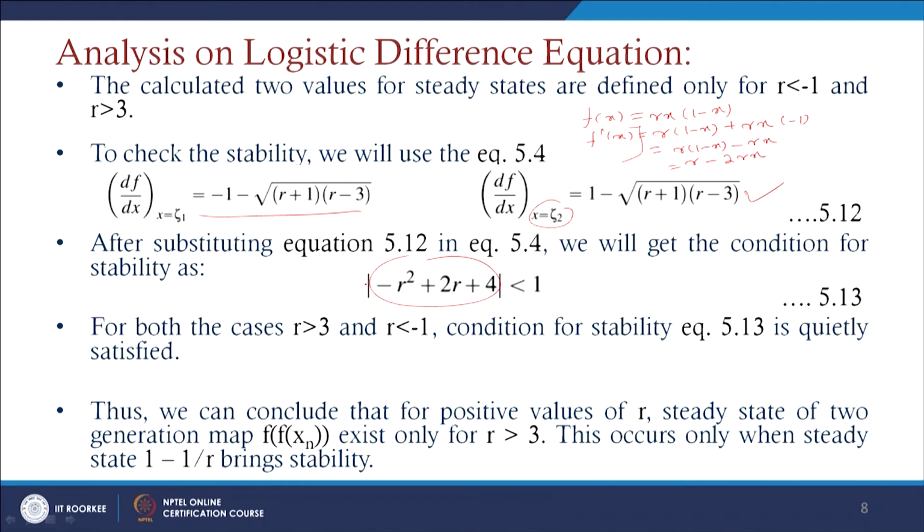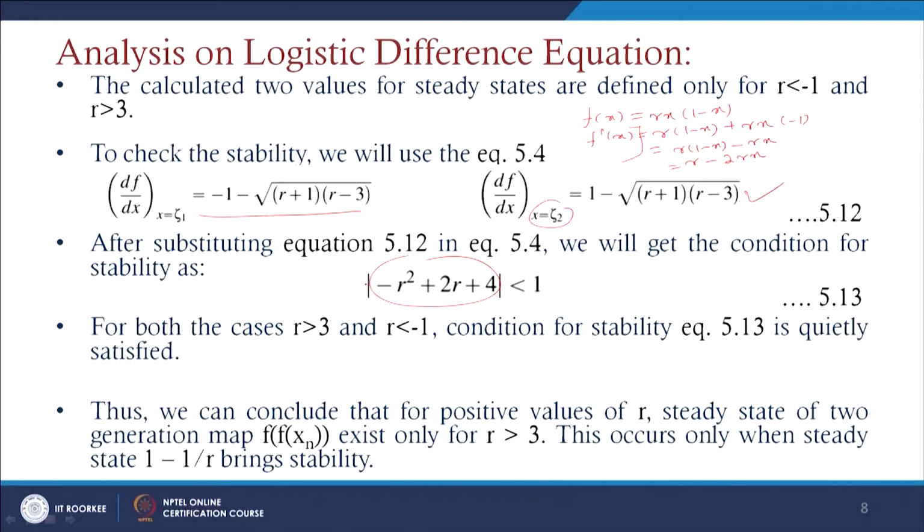Especially if you take the fractionals here, then we cannot have a complete root here. So, that is why we have defined the ranges, that for the stability we can use that if r greater than 3 and r less than minus 1, then we can satisfy this condition there.